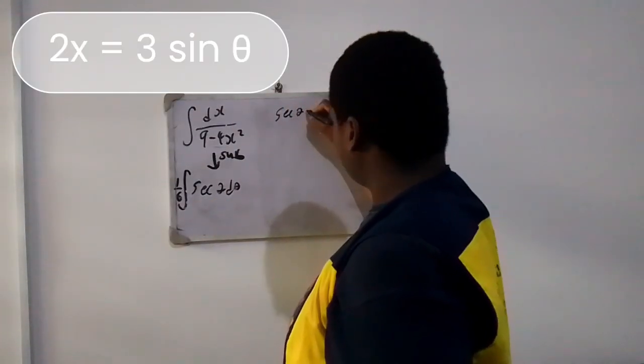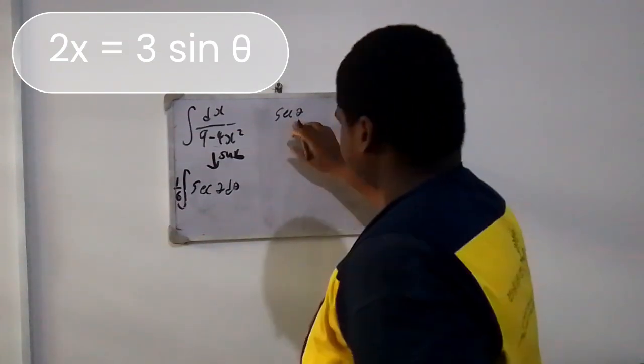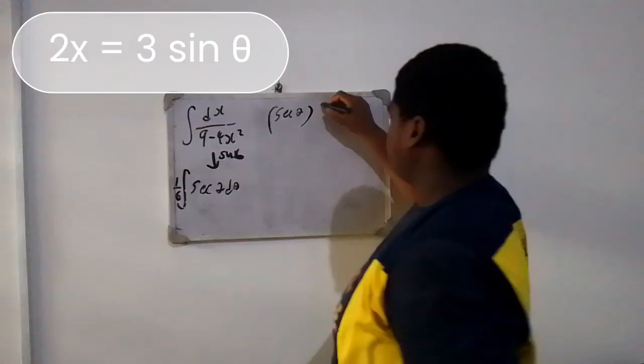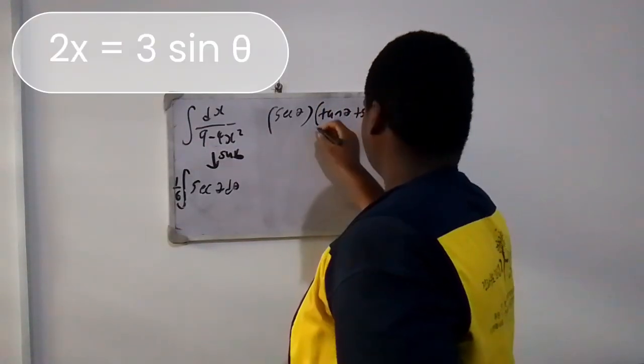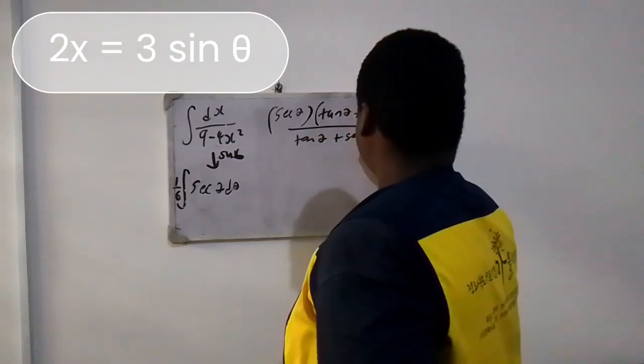Sec theta, okay, let us stick with this sec theta here. Multiply the numerator and the denominator by tan theta plus sec theta, so we have sec theta times tan theta plus sec theta, divided by tan theta plus sec theta.